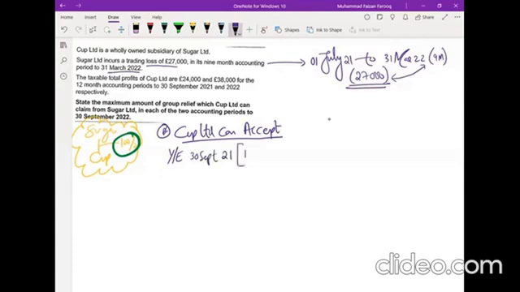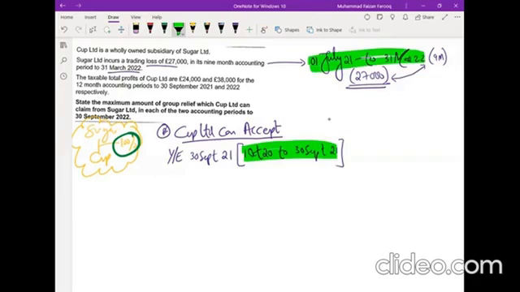We didn't do anything yet, we just wrote things down. Any confusion, please ask me. But this is simple. We only have to find out the months.